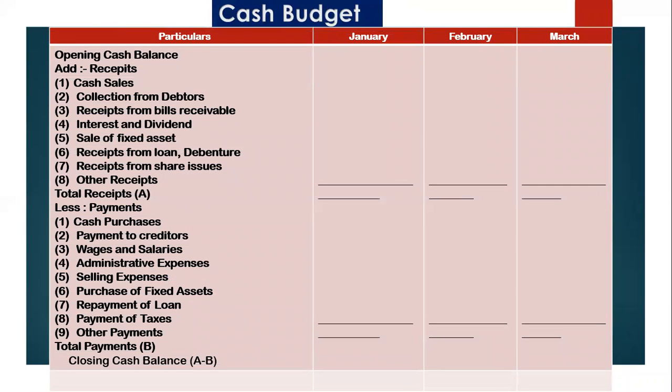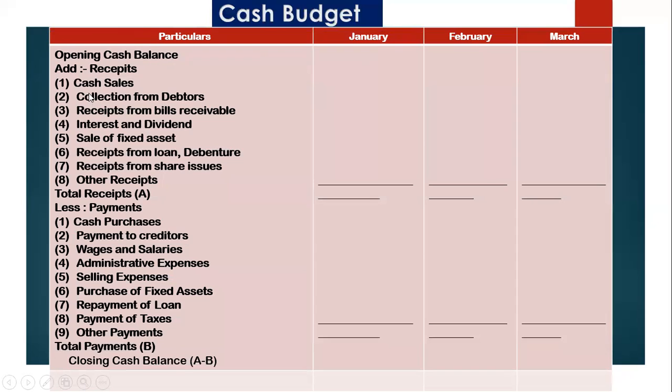Here we have to make columns like particulars, then columns of months like January, February, March, whichever month we want to make the cash budget for. In this monthly cash budget, first we have to write the opening cash balance. First we will write down the opening cash balance, then we will add receipts, cash receipts.